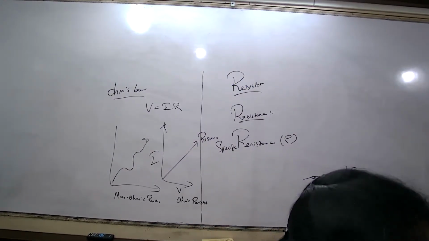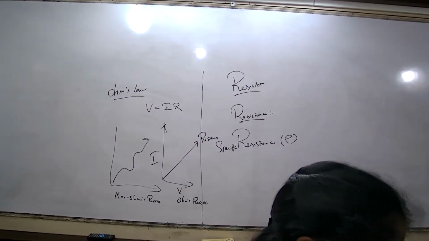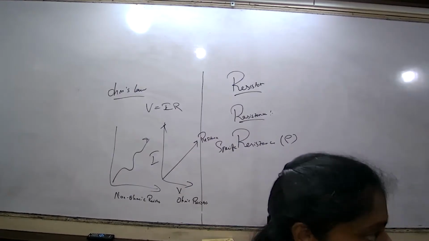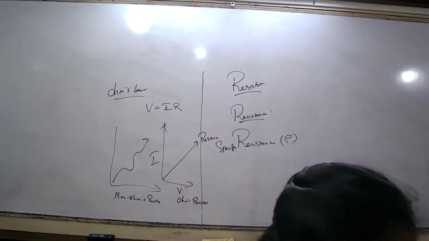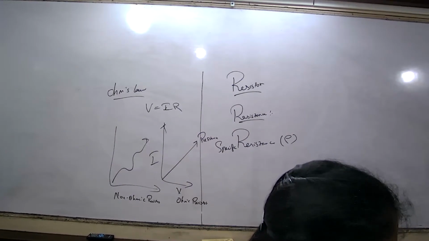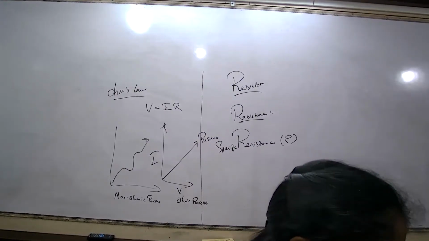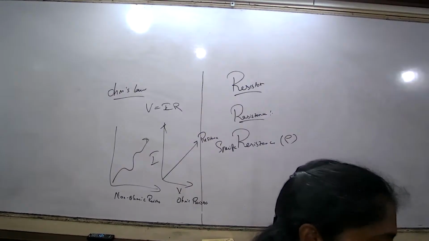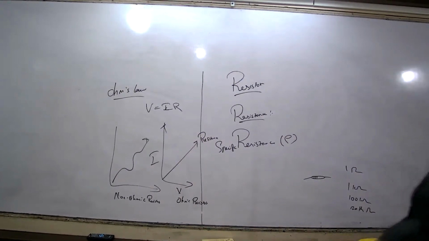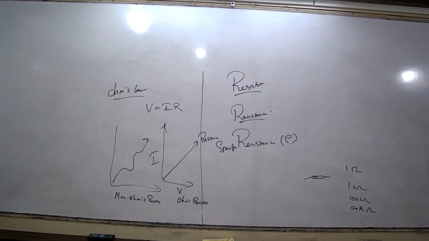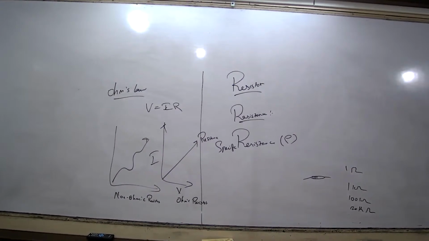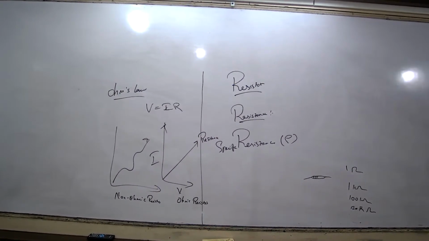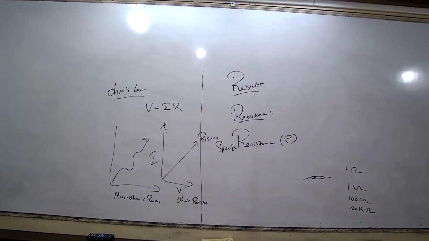It's about the material which we are using. Okay. You may get a question like, if one conductor is made up of metal called copper, another conductor is made up of aluminum, find the resistivity. So each and every material has a unique number. You don't need to mug up any value. If they are asking a numerical, they will provide the value of the specific resistance of the material.